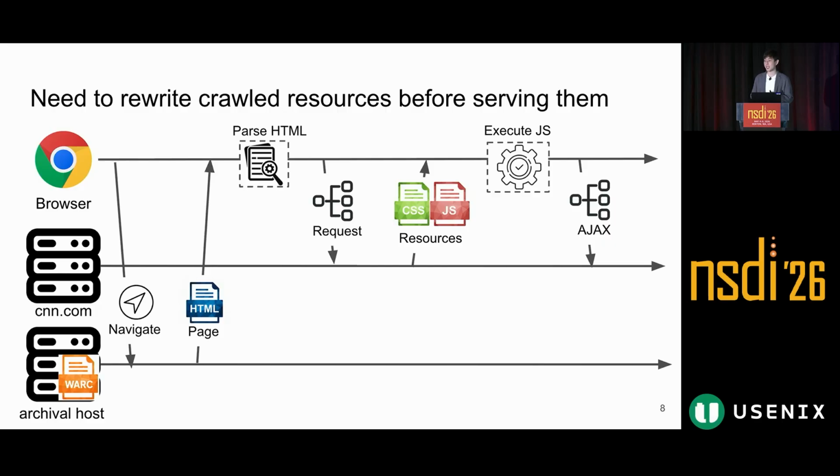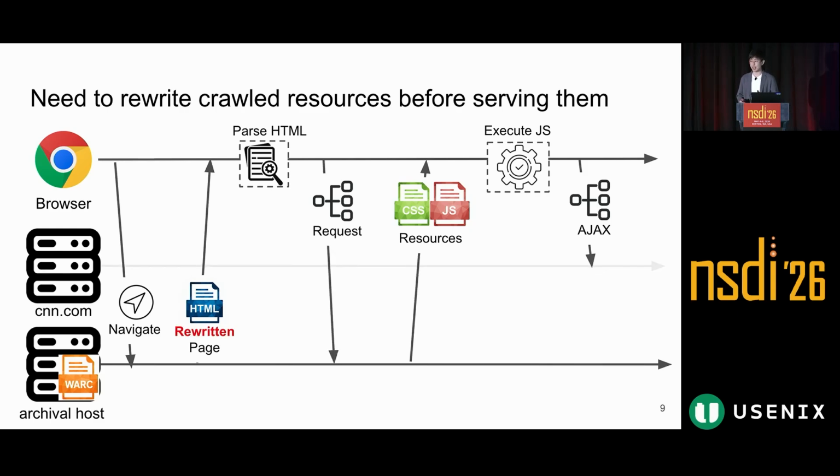But given that we're asking for snapshots, we don't really want to get these live resources again, because they could also be broken or significantly updated. So we want to get these resources from archive hosts as well. In order to do that, the archive system needs to rewrite these sub-resources. For example, first, we need to rewrite the HTML so that all the embedded links now point to the archival version of these sub-resources.